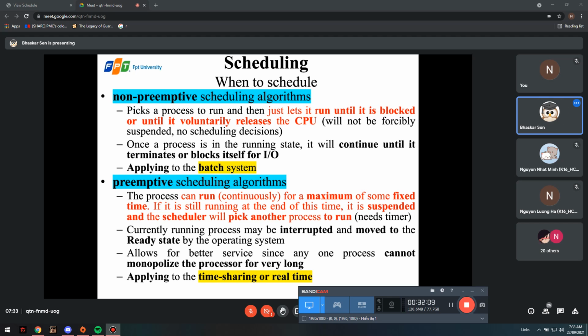And preemptive algorithms are primarily used for time sharing, that is our personal computer, interactive machines, and real-time systems, where multiple processes need to get served. So that is what we do. Time sharing machine. Moving on.